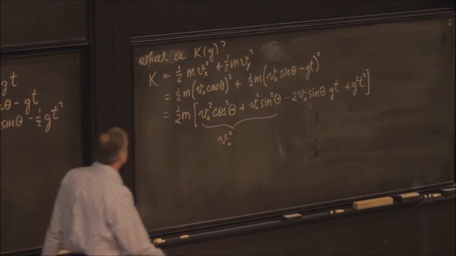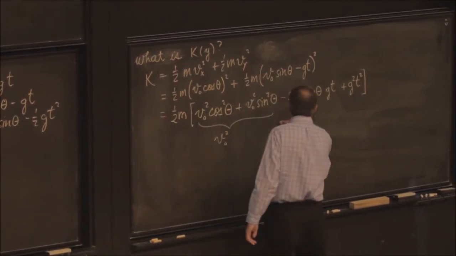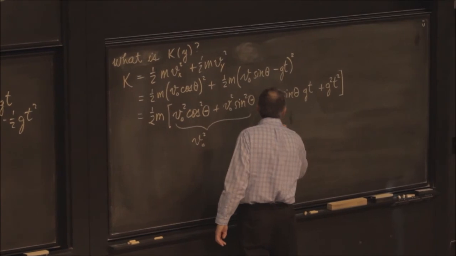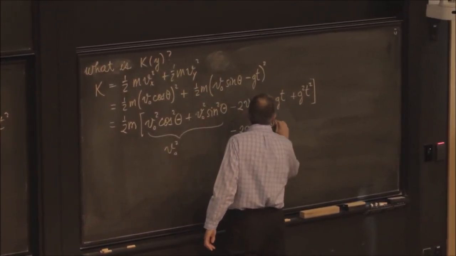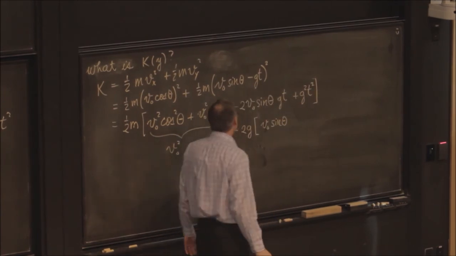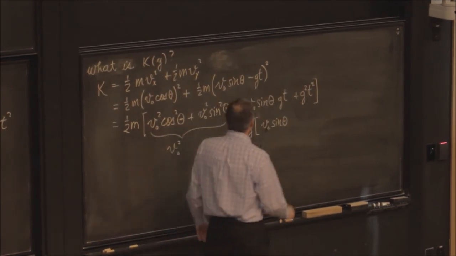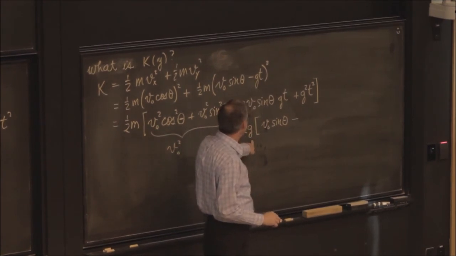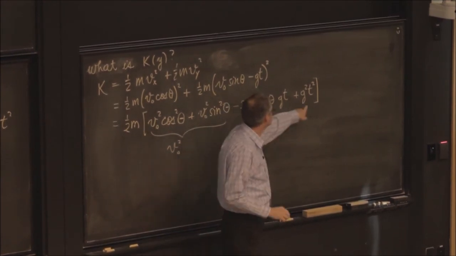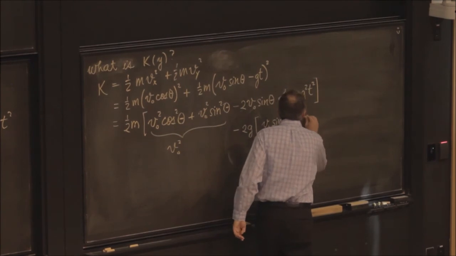So let me see. If I pull out, so this is minus 2g times v naught sine theta. Okay, I pulled out a 2 and a g, but I don't have a 2, so I need a half.